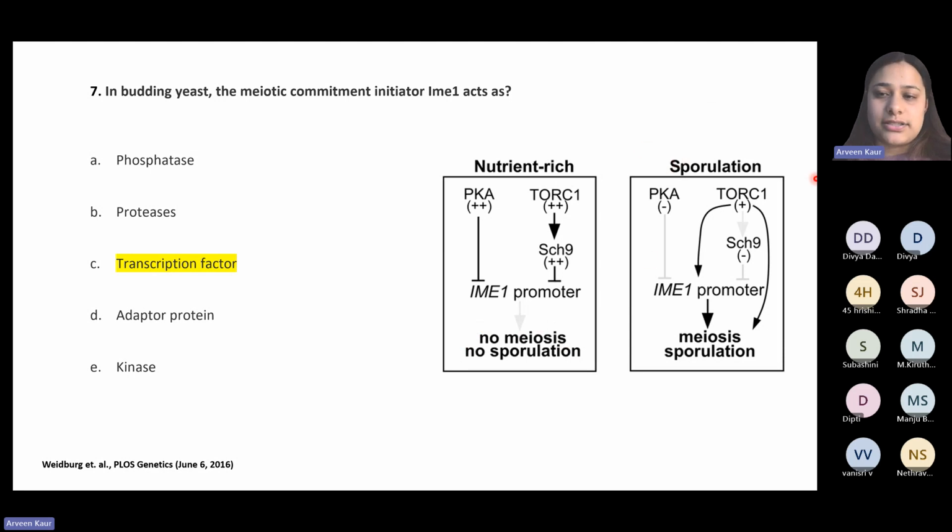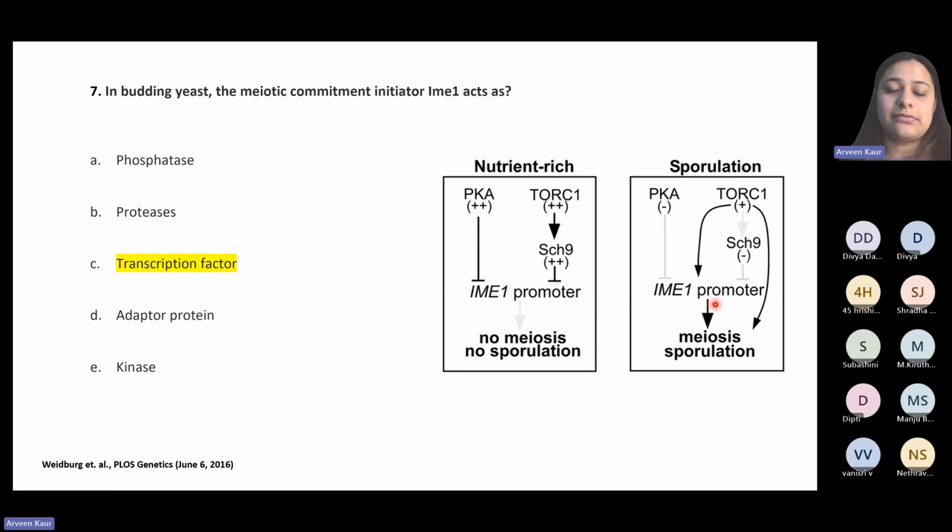But when sporulation does occur, from our lecture we know that when there is a nutrient deficient condition, sporulation can occur, right? So whatever pathways were inhibiting IME1 previously during the nutrient rich condition, now these pathways are not working that way, right? So the IME1 promoter gets activated and it acts as a transcription factor, right?